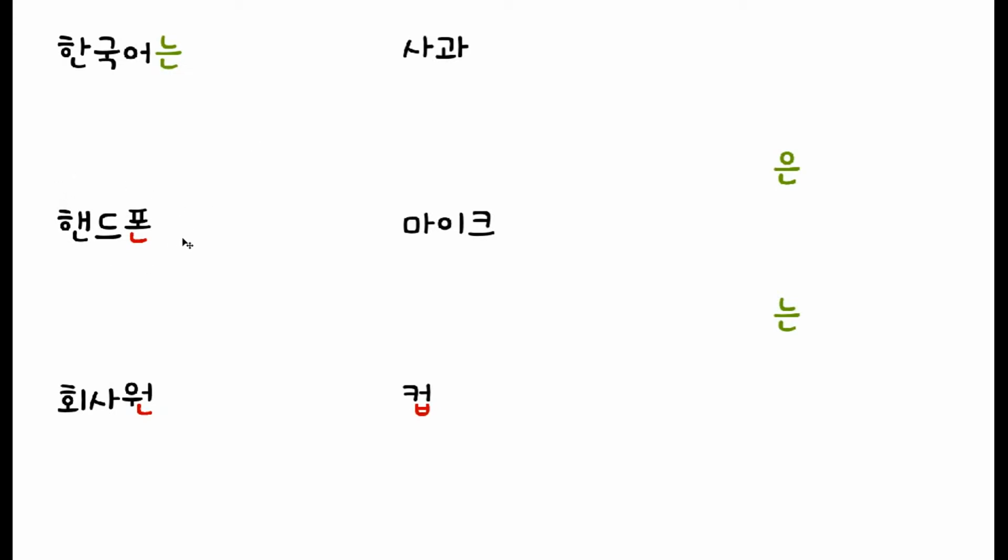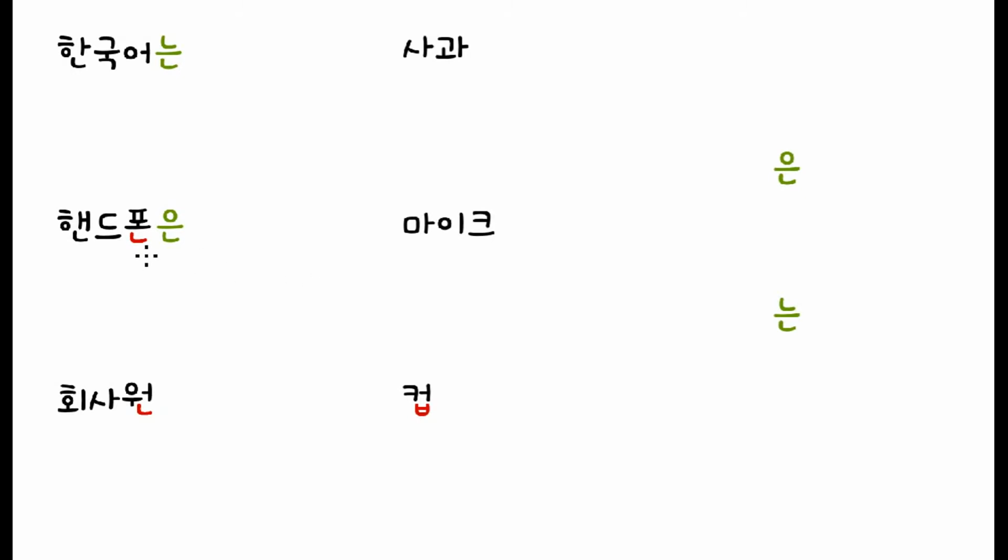Okay, so what about 핸드폰, which means handphone? In Korea, when you call a cell phone, people usually say 핸드폰, which means cell phone, mobile phone. So what about this one? It has a last consonant, so it would be 은. Handphone, 은. So how would you pronounce it?